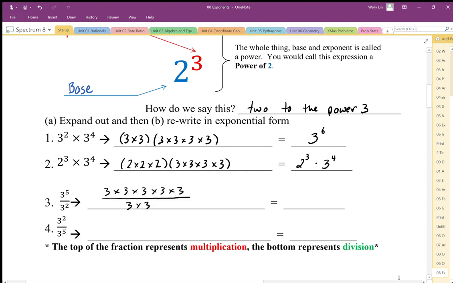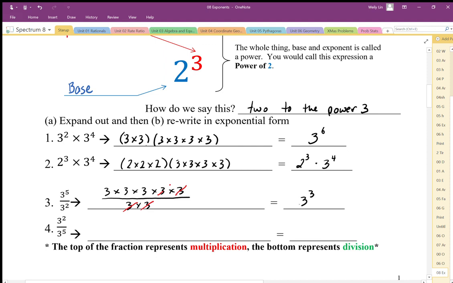And I know that one multiplication on top times by 3 cancels with the divide by 3. They undo each other. A times by 3 here undoes a divide by 3. So those cancel each other out. And so I'm left with 1, 2, 3's being multiplied. So I have 3 to the power 3.